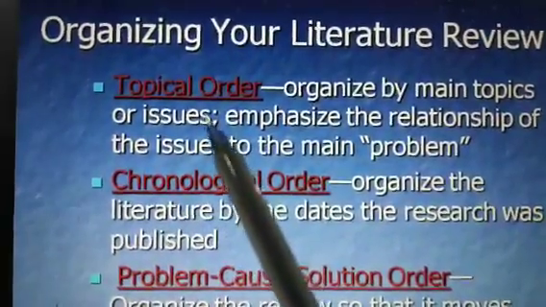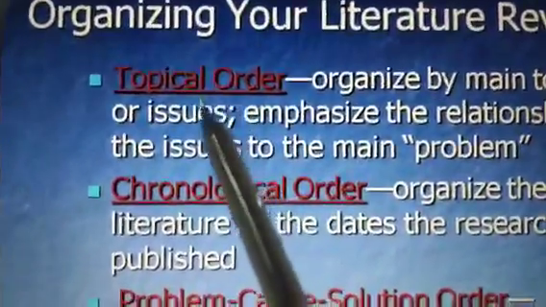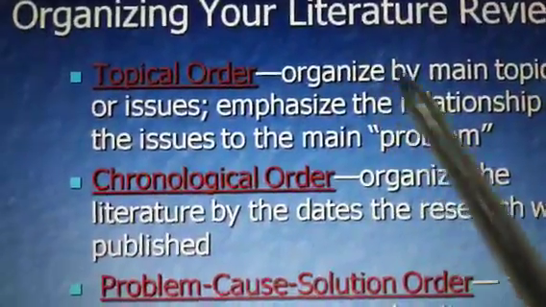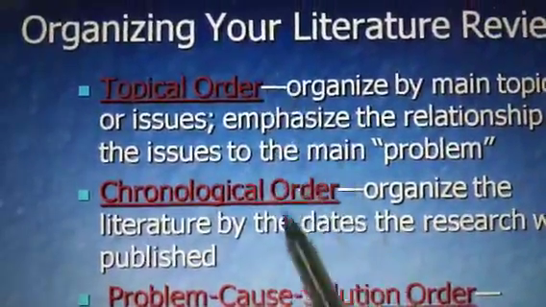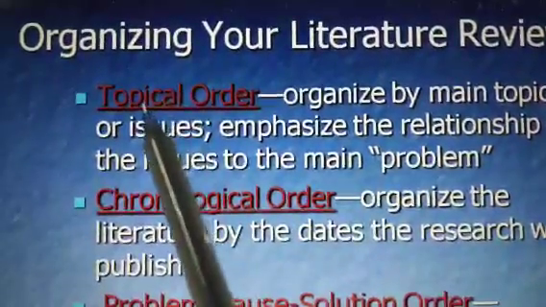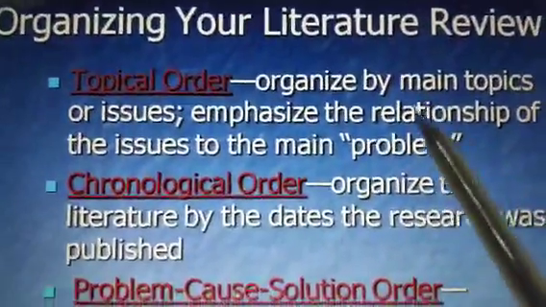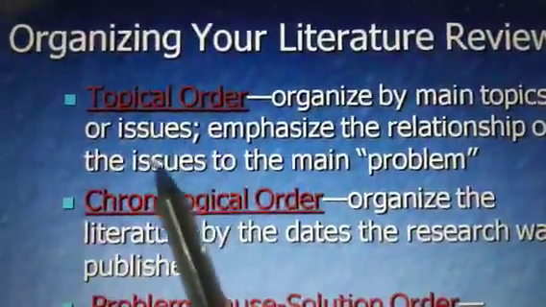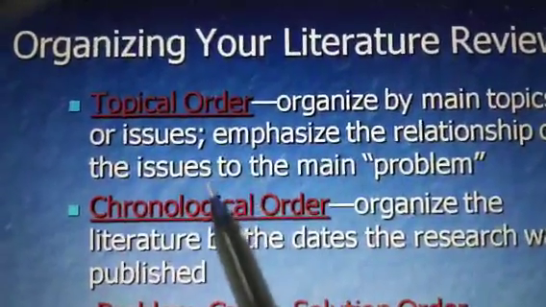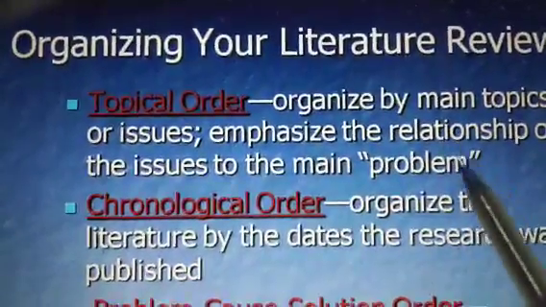Let's start with the first one, which is topical order. How to write or how to narrate the literature review has different types. The first one is topical order regarding topics. Organized by main topics or issues, it emphasizes the relationship of the issues to the main problem.